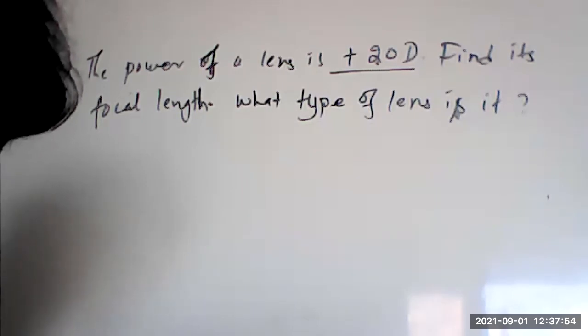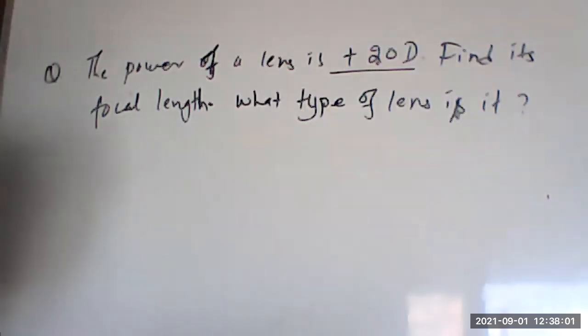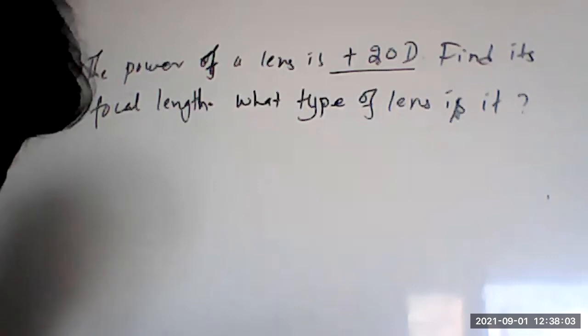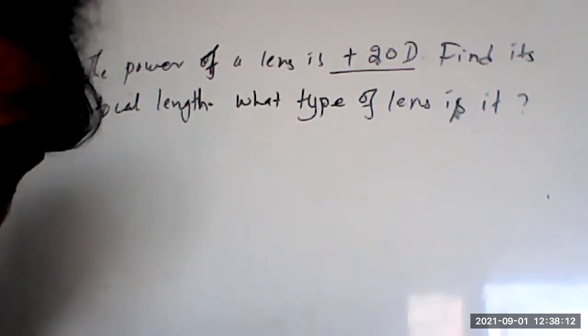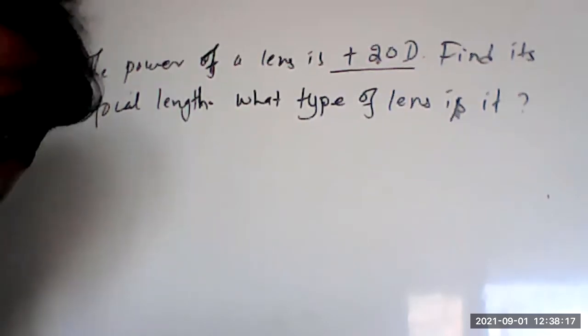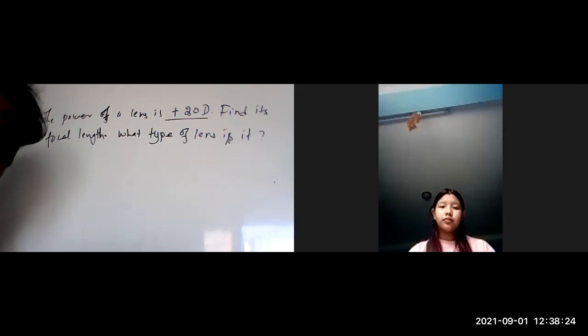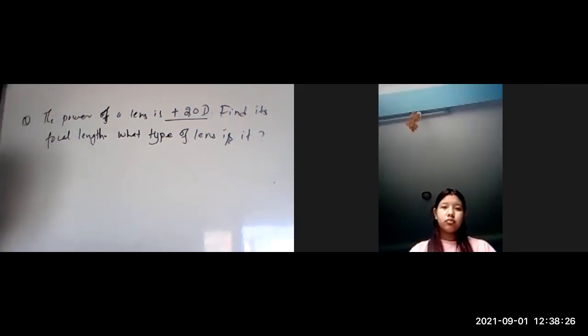Sital, 0.05 meter. Kripa, Rana, 0.05 meter. Abesa, 0.05 meter. Samir, 0.05 meters. Okay, look at it.